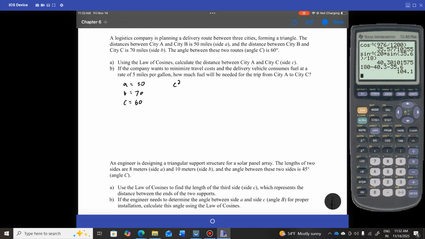So C squared is 50 squared plus 70 squared minus 2 times 50 times 70 times sine of 60.